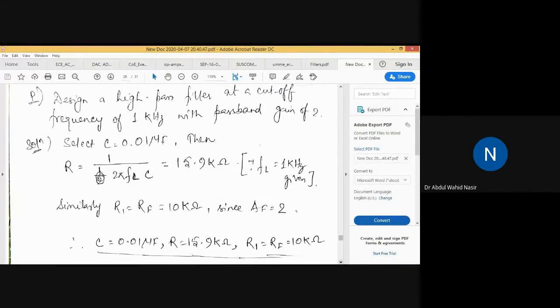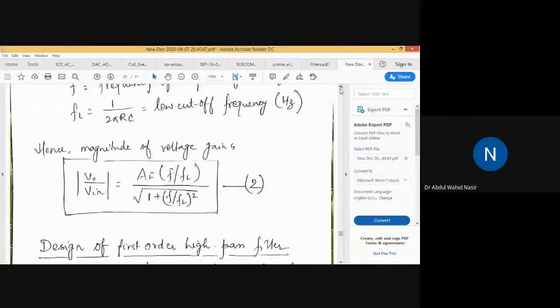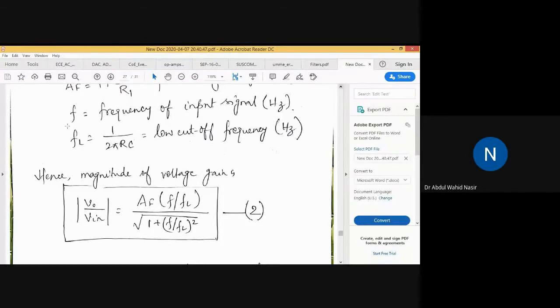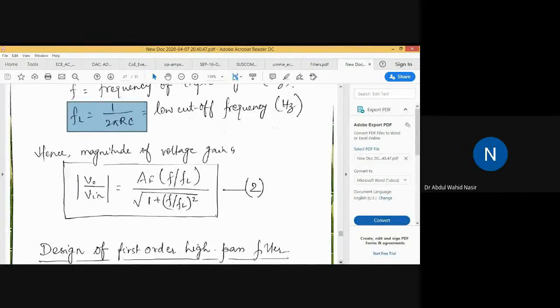Then what will be the value of R? Using this equation, because we know that FL is equal to 1 by 2 pi RC. If we know the FL value and we know C, then we can find R. What is the FL value here?